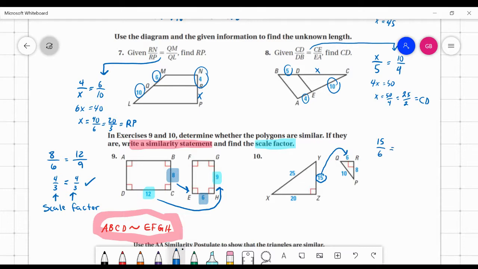And we want to see if that's equal to the 20, the middle one, which corresponds to 8. And we want to see if the 25 corresponds with the 10. So these 3 fractions have to be equal. So let's simplify them. 15 over 6, you could divide the top and bottom by 3 to get 5 over 2.